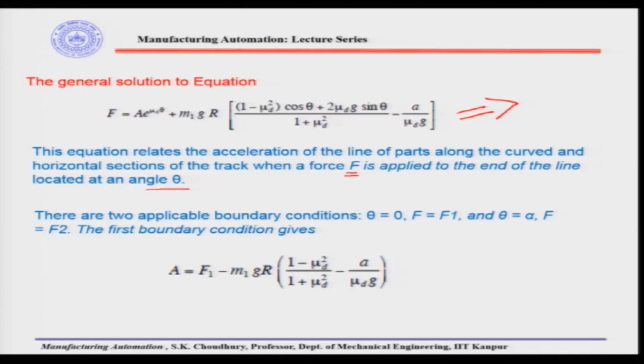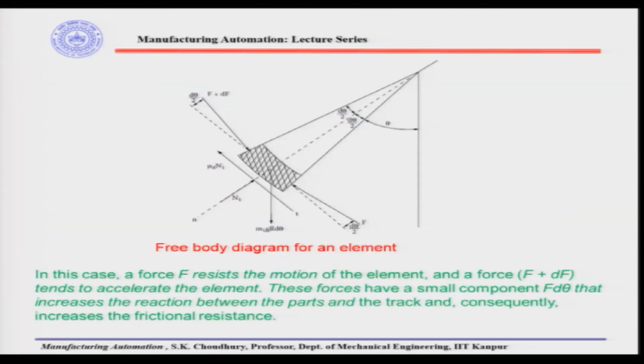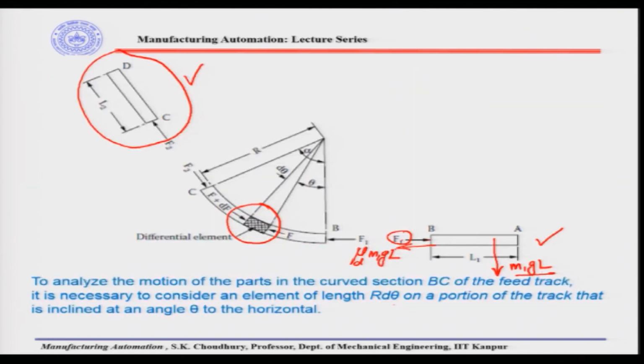So, there are two applicable boundary conditions, theta is equal to 0, then F becomes F1. Okay. You can see this from here, theta is equal to 0. So, F is becoming the F1, all right, which is coming here.